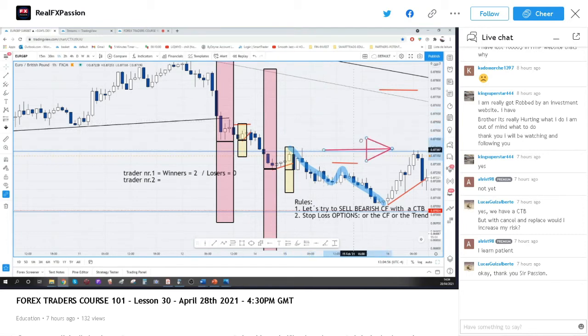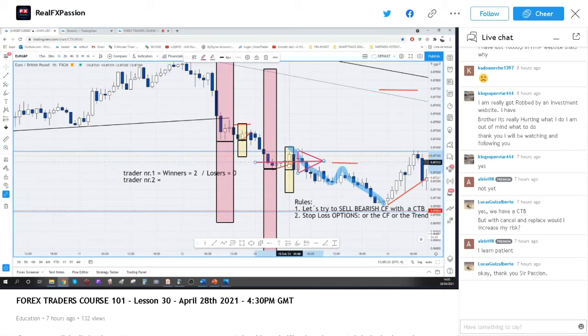Moving forward, let's make a poll, everybody. Who in here wants to go with the trend line, and who in here wants to go with cancel and replace? Which means that we are out from the first trade with a small profit. We are still in the second trade. Those are two different trade management styles.